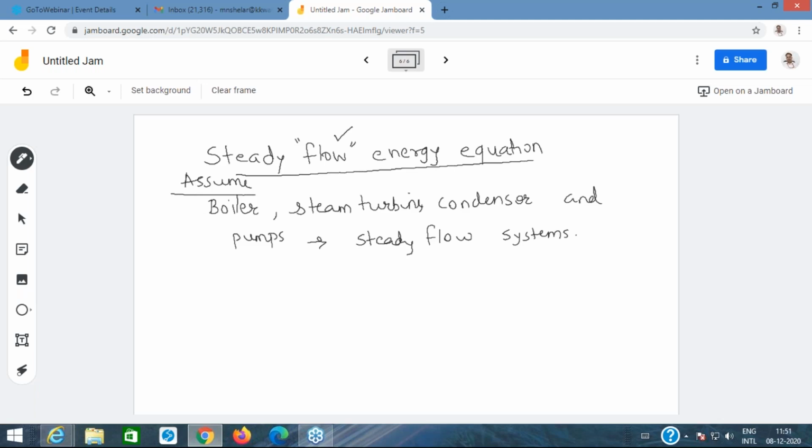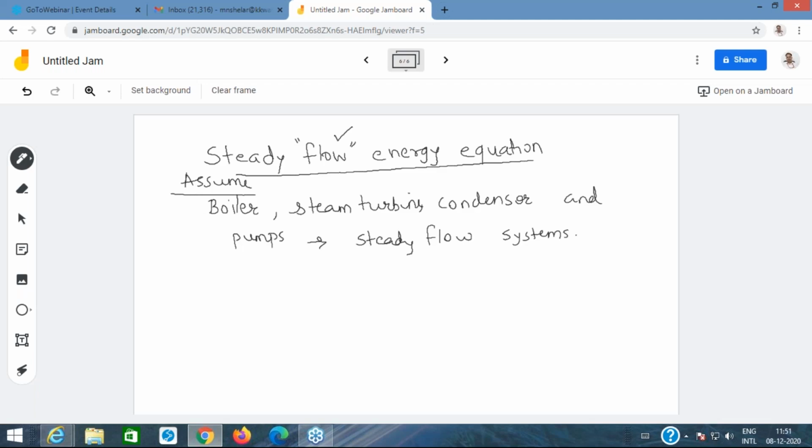This is an assumption. In actual practice you will find that the properties do change with time, but that is called transient analysis, and we are not going to do that. For our level of understanding, we assume the system is a steady flow system.